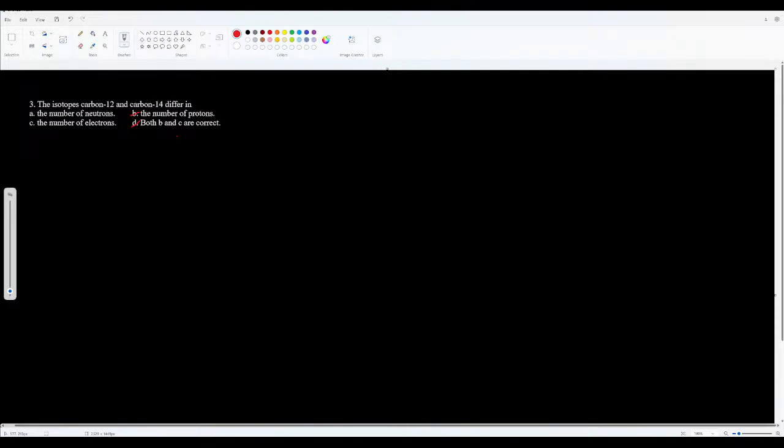So carbon-12 and carbon-14, what do these numbers mean? These numbers tell us the atomic mass. Atomic weight is an average, while atomic mass is a calculation of one atom. So carbon-12 is going to be 6 protons, because the protons don't change, plus 6 neutrons.